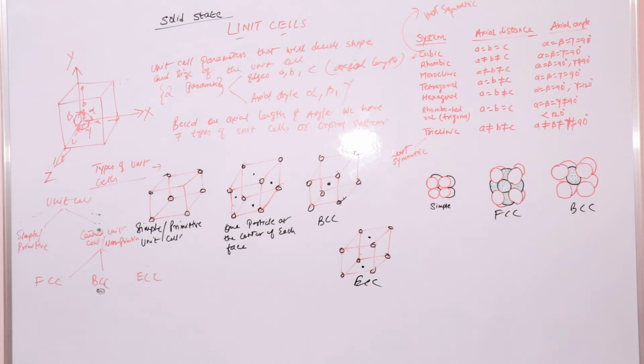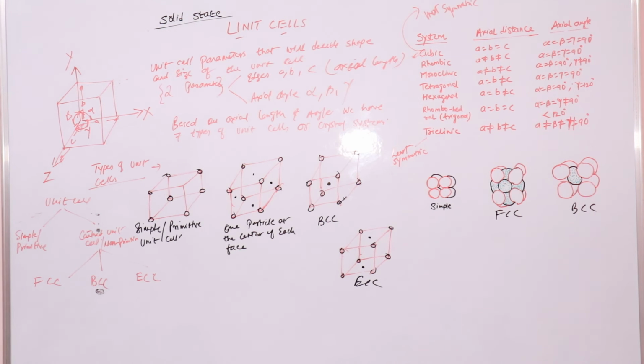But in the body centered cube, the third one, all the spheres at the corners touch the central sphere. All 4 spheres at the corner touch the central sphere, right?